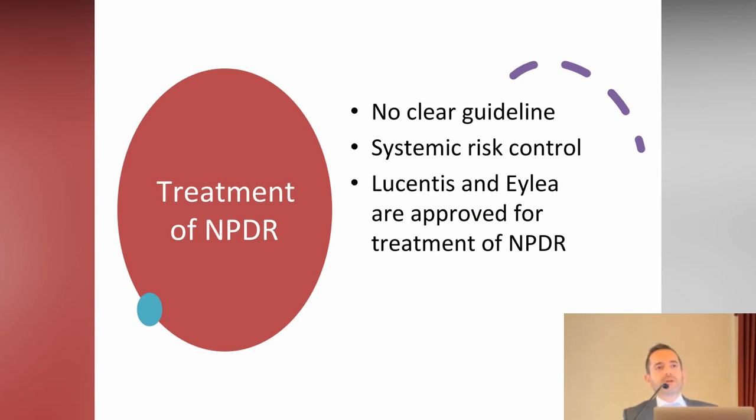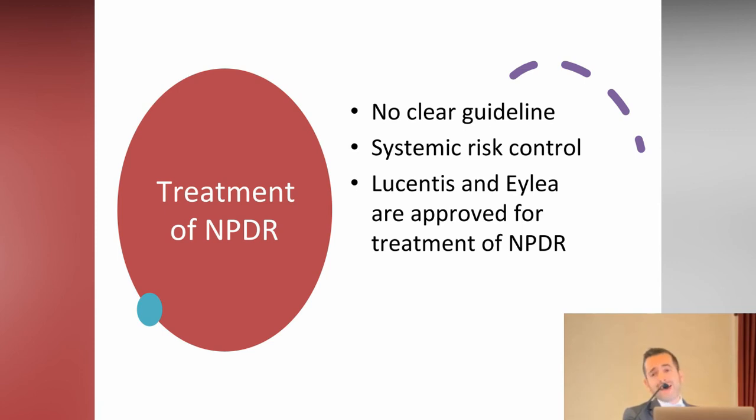So how do we treat patients that have NPDR? Let's say you have a patient with 20/30 vision, no diabetic macular edema, and moderate NPDR. What do we do with it? To be honest with you, there's really not a clear treatment guideline for those patients yet. We talk to them about the importance of systemic risk control, managing their blood pressure, managing their cholesterol.